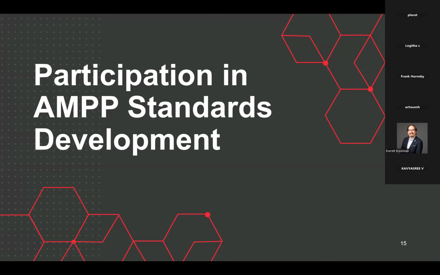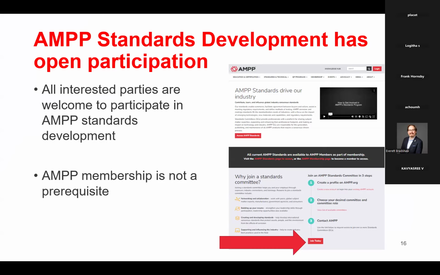So in order to create the highest quality documents, we need participation from across a broad swath of interested stakeholders in any project that we're working on. So we encourage open participation. Anyone who has an interest in the topic that is covered by the particular document project is heavily encouraged to participate.